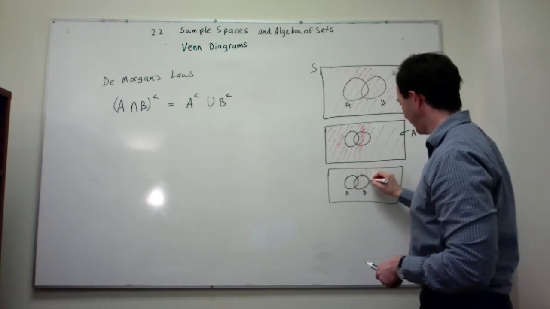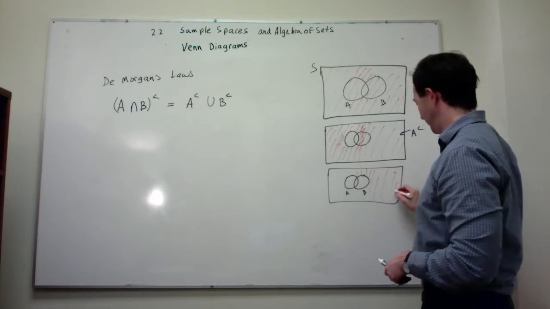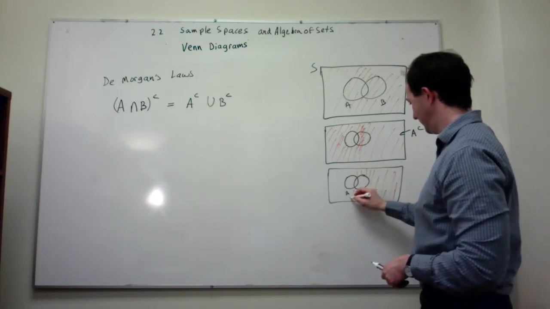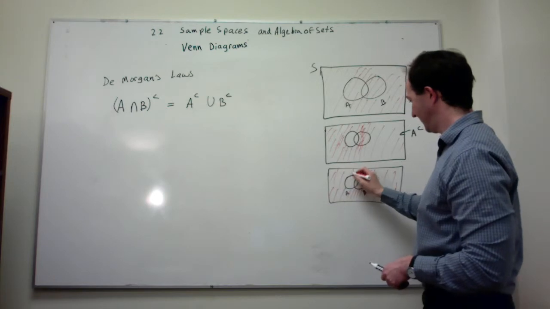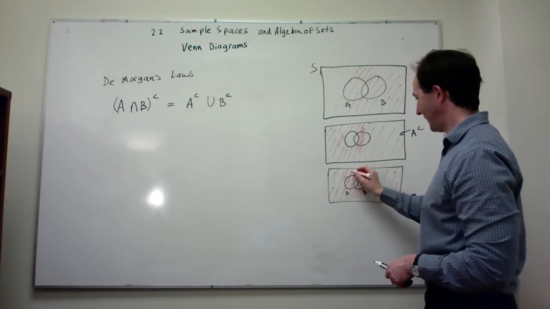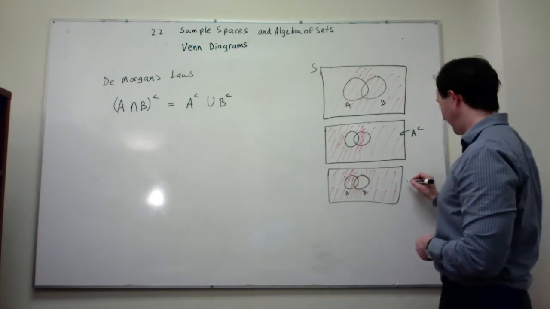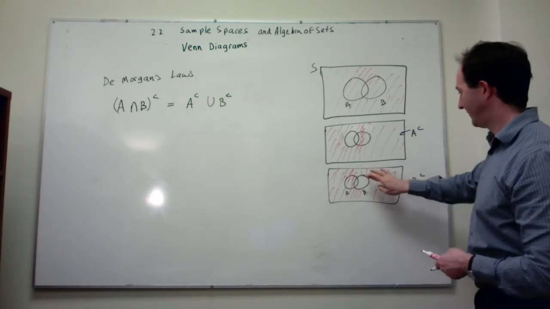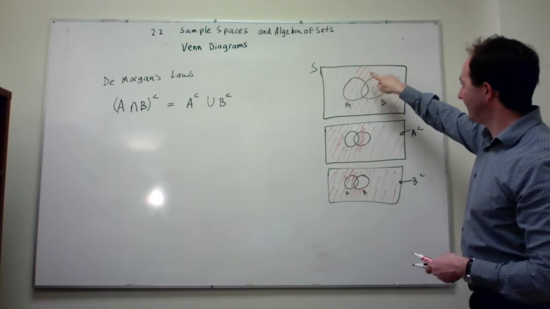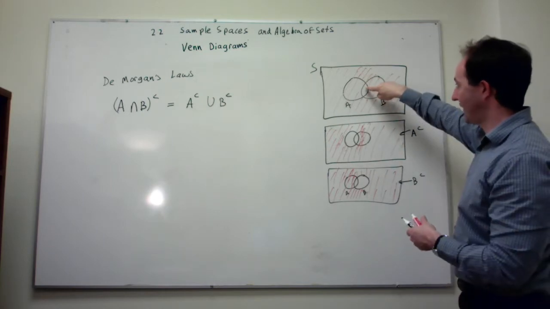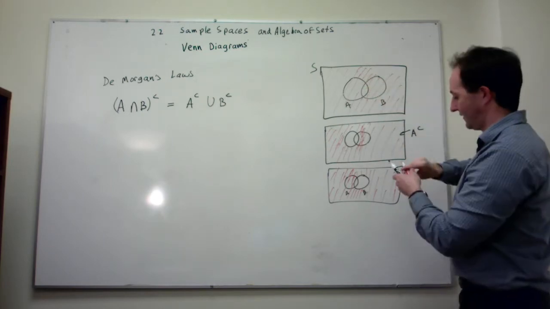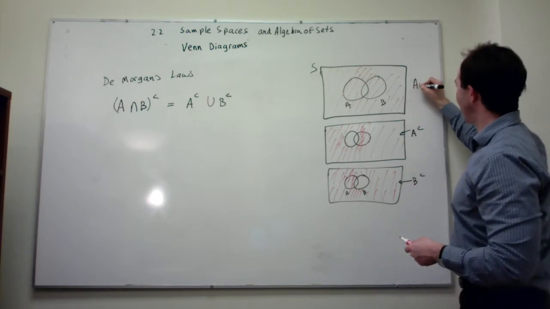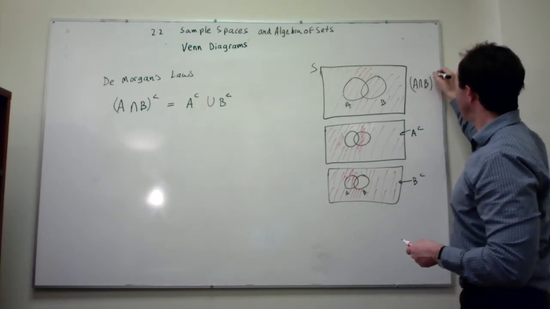And this set here is everything that is outside of B, B complement. And this set here, which is everything outside of that intersection, is what I started with, A intersection B complement.